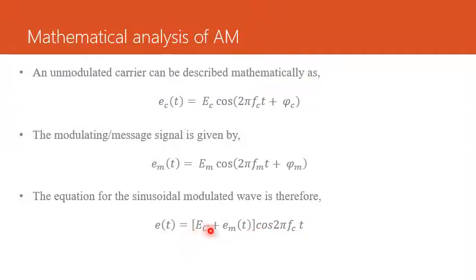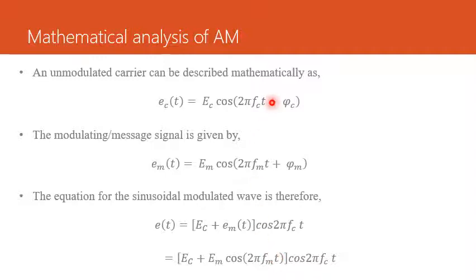The term Ec plus Em of t describes the envelope of the modulated signal. We already know Em of t is Em into cos of 2 pi fm t plus phi m. If you substitute this expression, the modulated wave becomes Ec plus Em into cos 2 pi fm t, into cos 2 pi fc t.